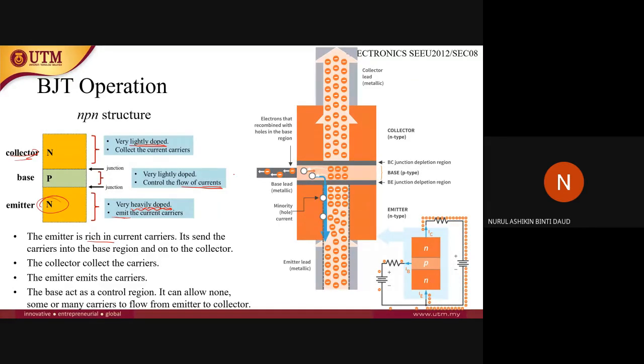The BE junction is here, the base and emitter junction. Since the emitter has lots of free electrons, these free electrons can easily diffuse across this junction. And since the base is a P-type region, it has holes and it is lightly doped.